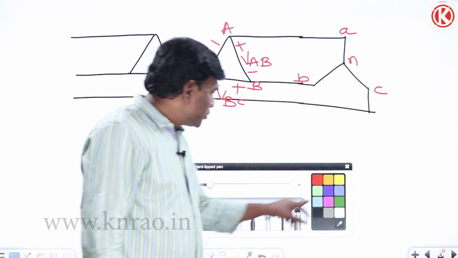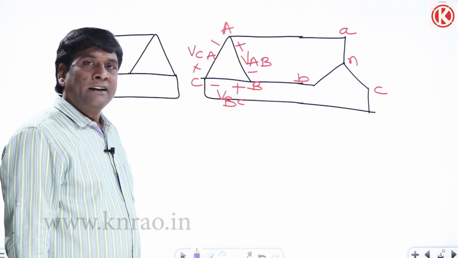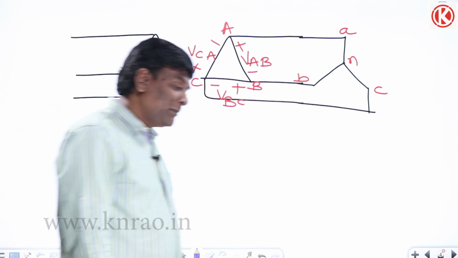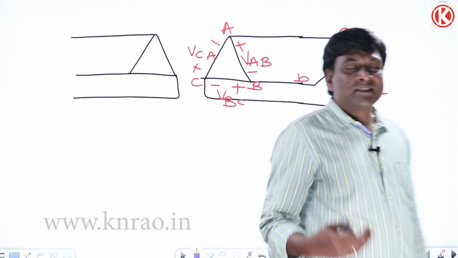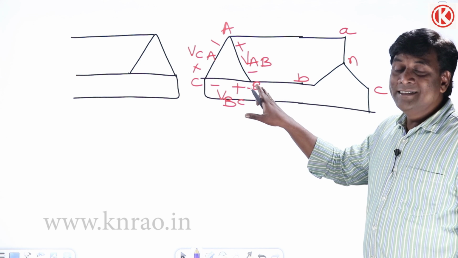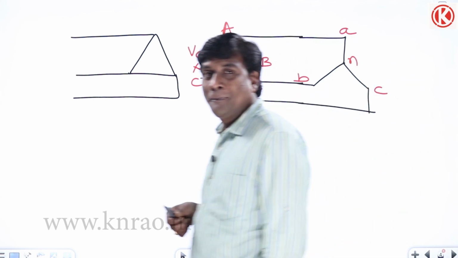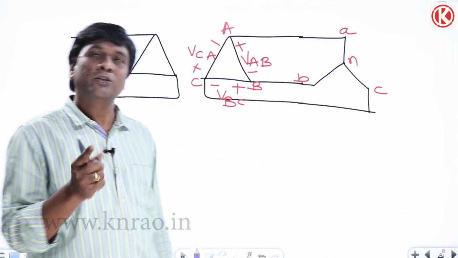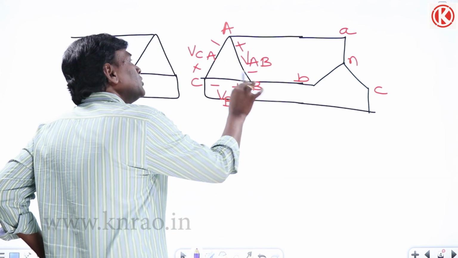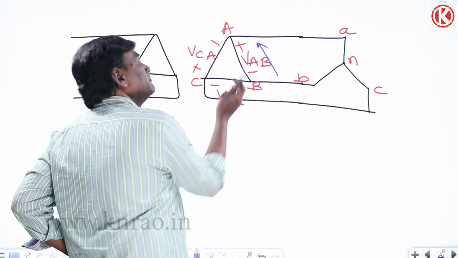Now let us try to show the current directions. Current will go from minus to plus or plus to minus, and that will be decided by whether it is delivering power or absorbing power. Is the secondary of the transformer a kind of generator or load? The secondary of the transformer is a kind of generator because it is supposed to deliver power. So current direction will be minus to plus.